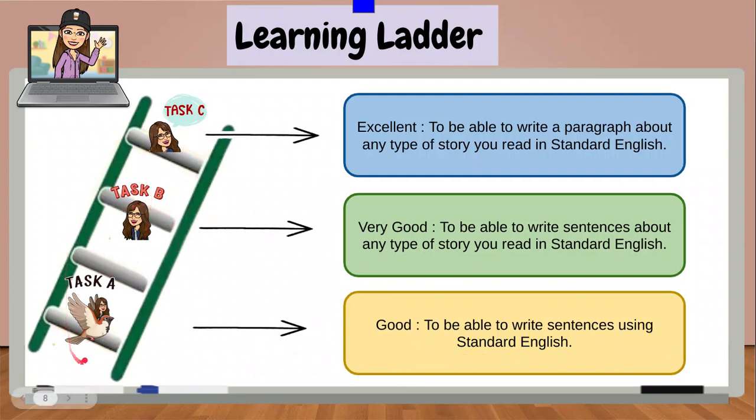If you proceeded to task B, you are at a very good level because you are able to write sentences about any type of story you read in standard English. If you finished all three tasks or you did task C, you are at excellent level because you are able to write a paragraph about any type of story you read in standard English.